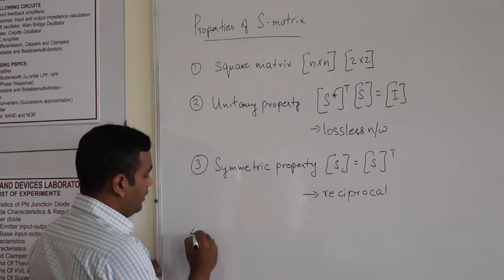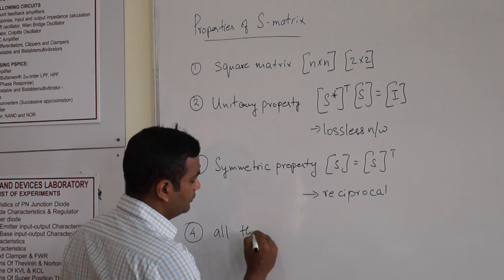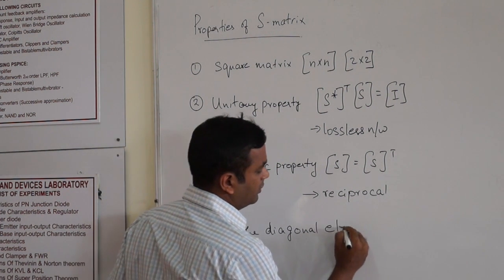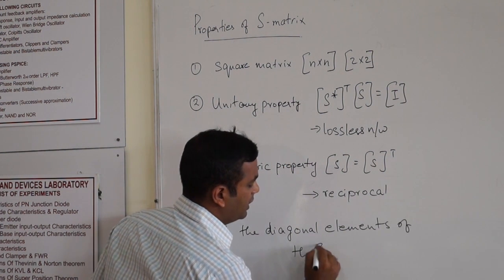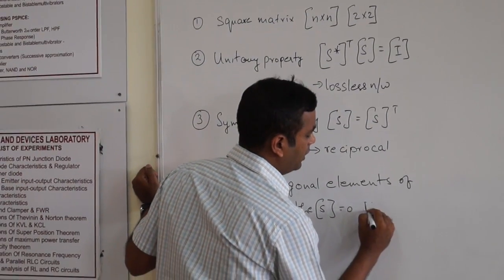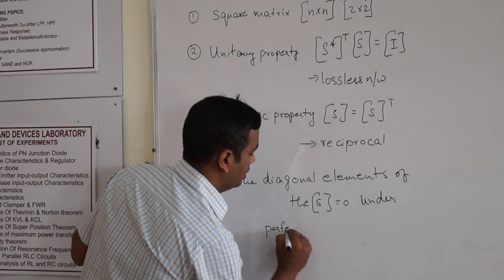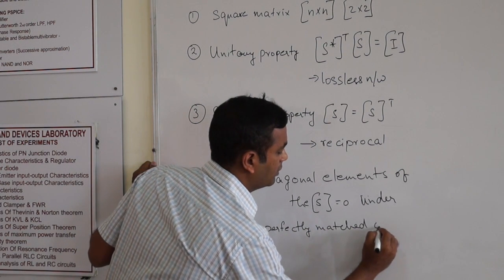Another important property of the S matrix is that all the diagonal elements of the S matrix will be 0 under perfectly matched conditions.